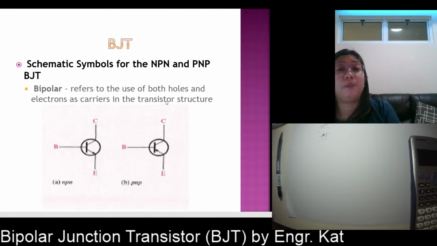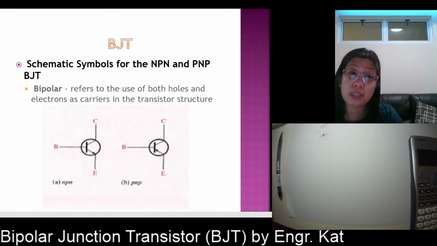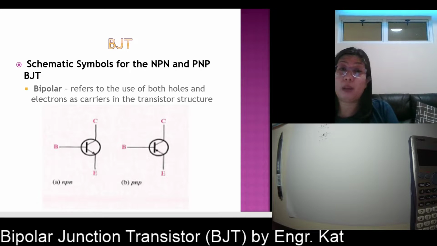That means we're going to use both holes and electrons as the carriers in the operation of the transistor. Unlike the field effect transistor, which is a unipolar device, where we're going to make use of just the holes or just the electrons. Unlike bipolar, where both holes and electrons function for our transistor to operate.